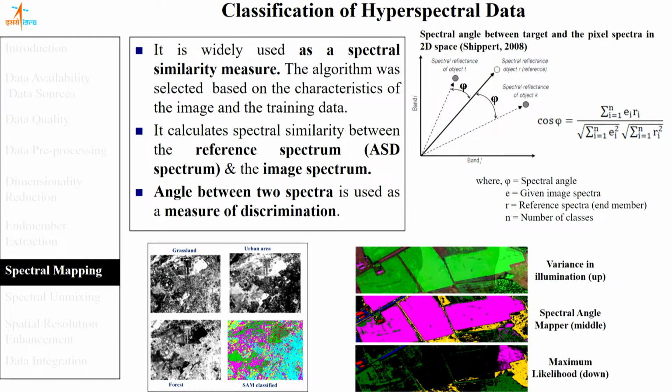This classification technique has one more advantage. Suppose the same feature is there, but one is on the brighter side and another is on the shaded side. The direction of the vector will play a role, not the magnitude.